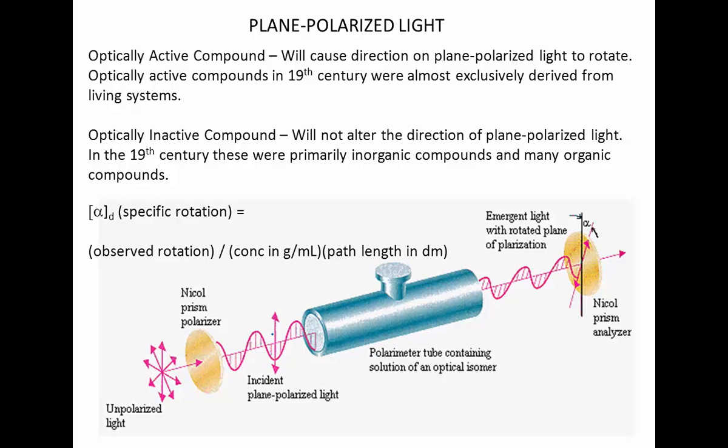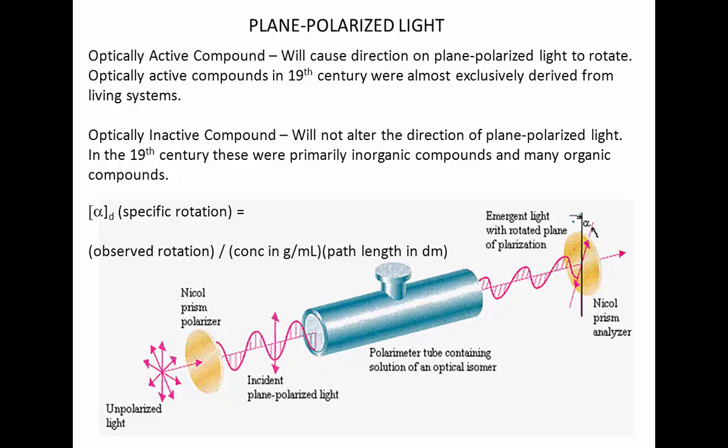Okay, so this light is now going to go through a sample tube. This is called the polarimeter tube. And what people noticed way back when was that some compounds would cause the orientation to change from 100% the y direction to something off of the y direction, like you see here. So it would change the orientation of the polarized light.